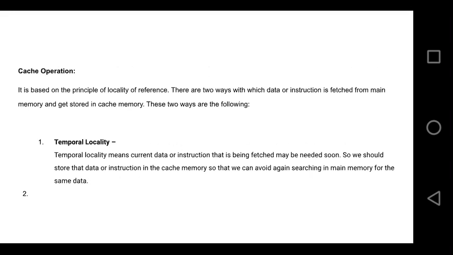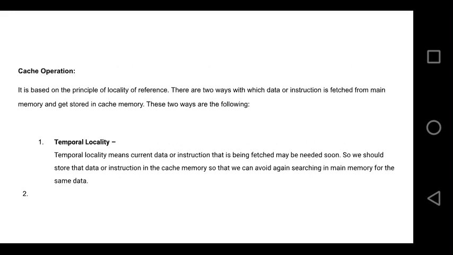There are two ways with which data or instructions are fetched from main memory and stored in the cache memory. The first one is temporal locality.